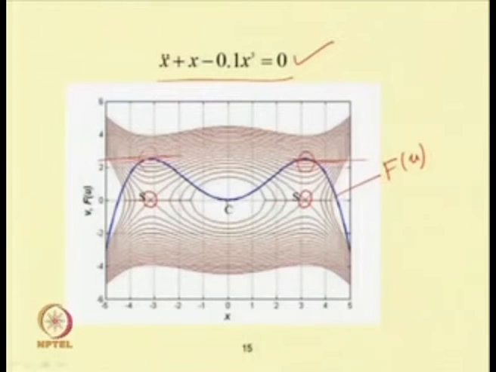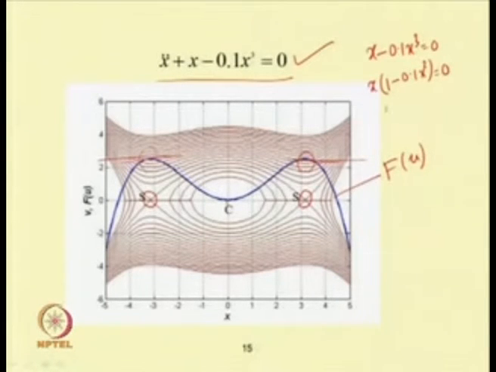To find the equilibrium points, we can put x double dot equal to 0, or our equation becomes x minus 0.1 x cube equal to 0. If I take x common, x times (1 minus 0.1 x square) equal to 0.